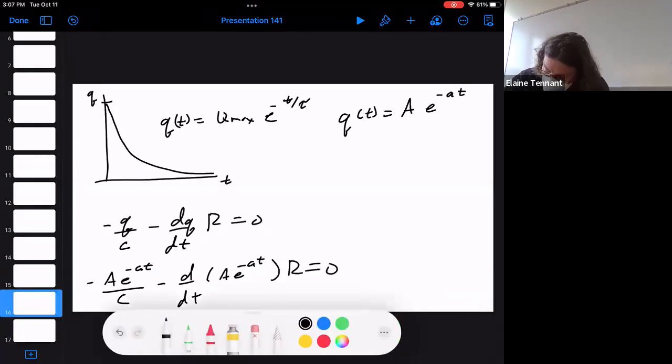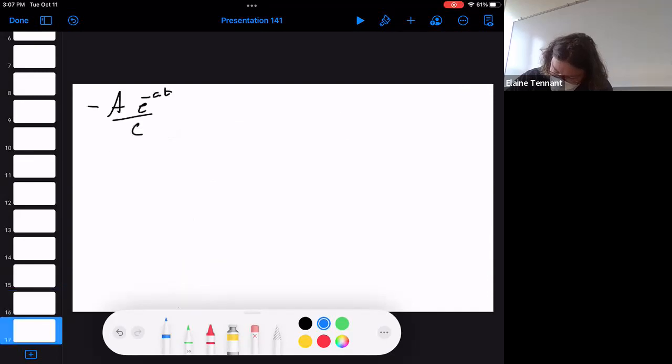For this derivative, I'm sorry, I'm going a little bit fast. I can pull the big A out front because it's a constant. So minus A, and then I'm taking the derivative of e to the negative at.